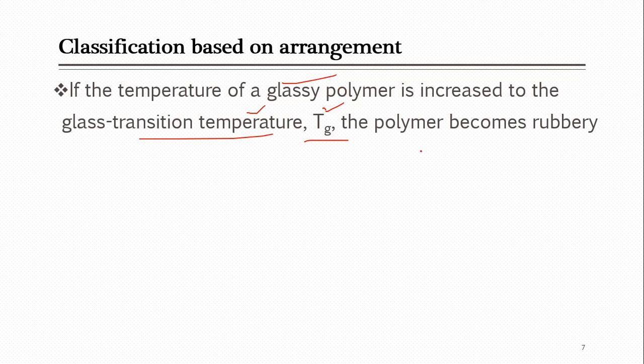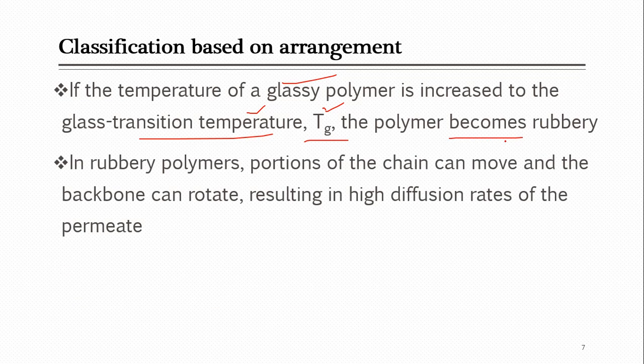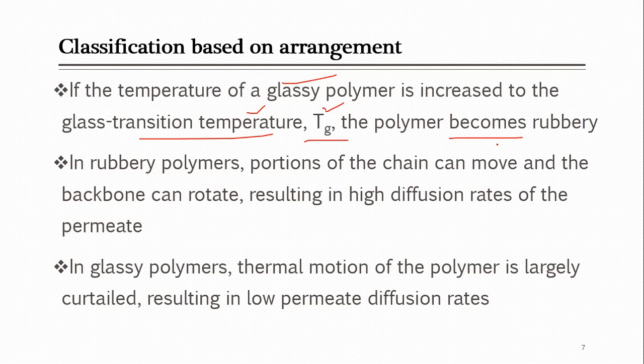But if you raise its temperature above this Tg, the polymer becomes rubbery. We discussed that when a polymer is rubbery, the chains can move, and it allows more diffusion of the permeate, while in a glossy polymer the chains are more packed and a bit dense compared to the rubbery structure, so diffusion will be low.